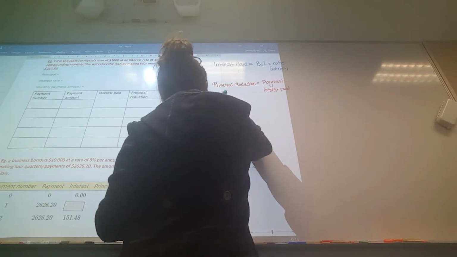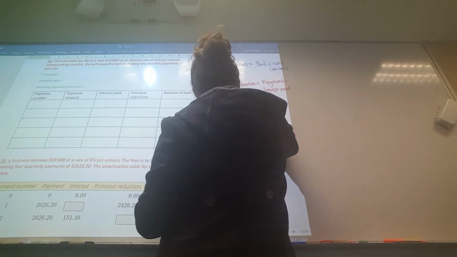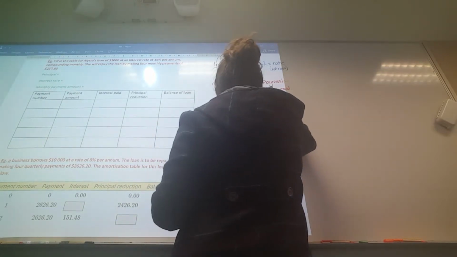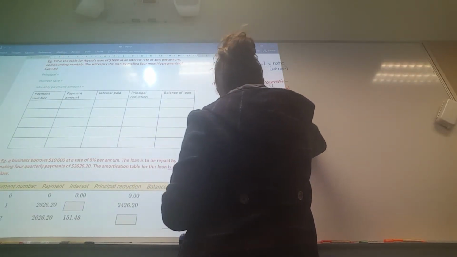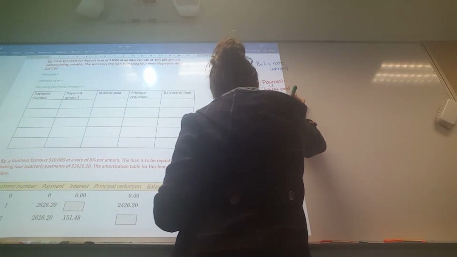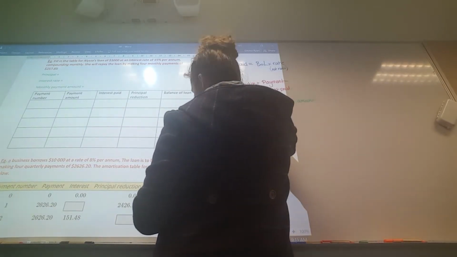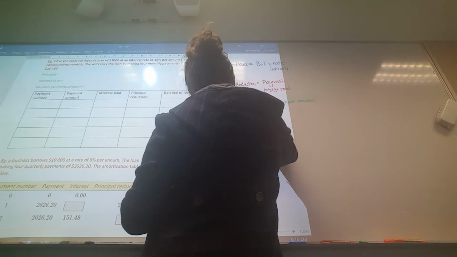And the balance of the loan is the previous balance of the loan, take away payment amount, take away interest paid.